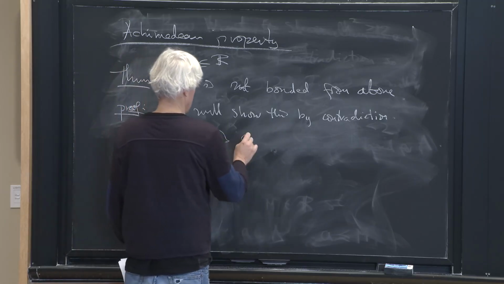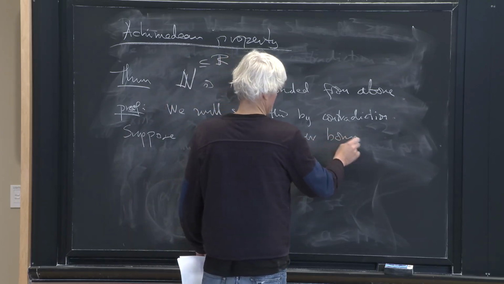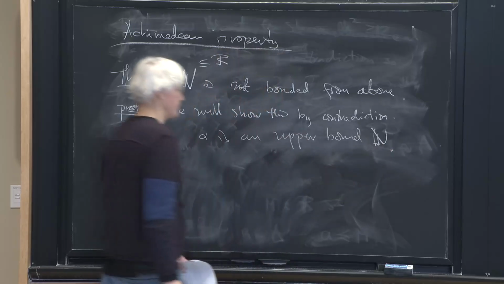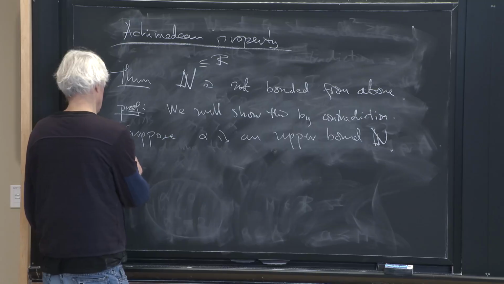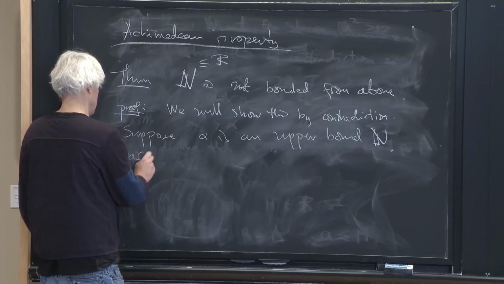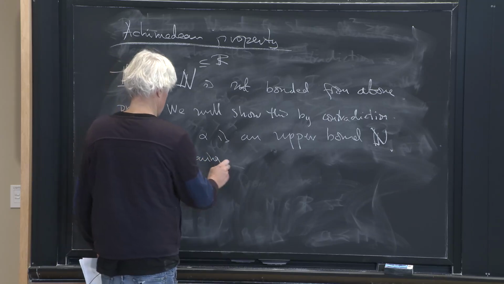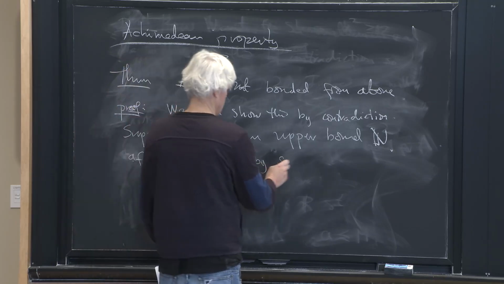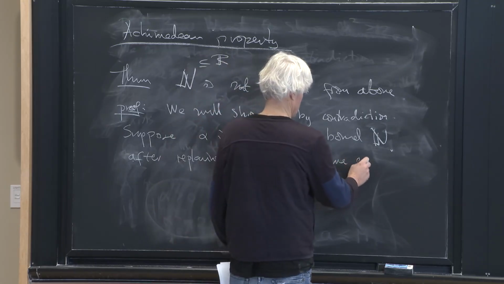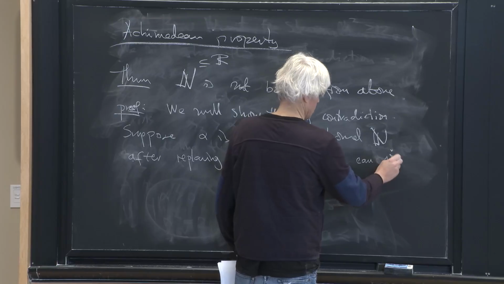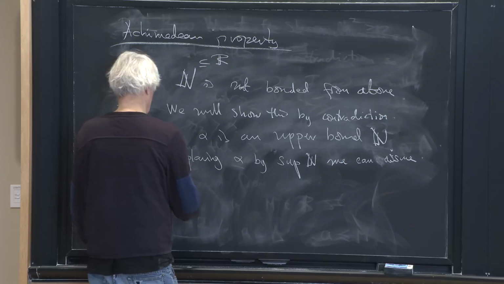alpha is an upper bound for the natural numbers. Well, we can assume, after replacing alpha by sup of A, that alpha is the least upper bound.